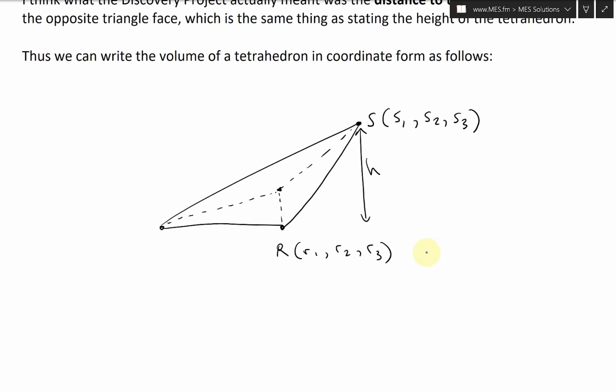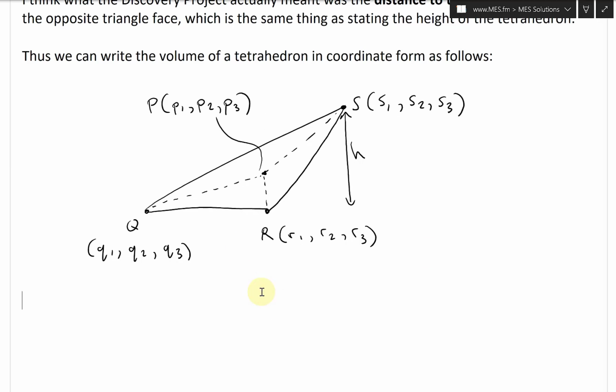And this point right here, let's call this Q, and its coordinates are Q1, Q2, and Q3. And then at this point right here, we will call this point P, and the coordinates are P1, P2, and P3.